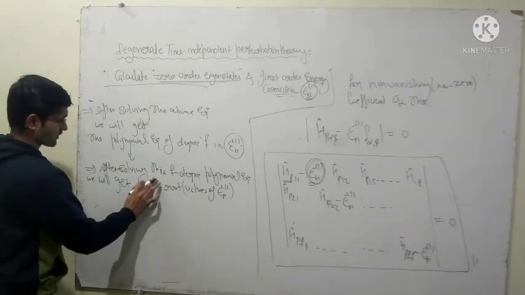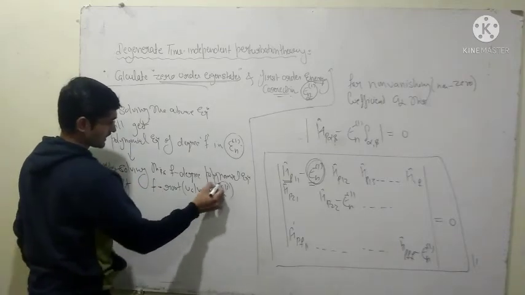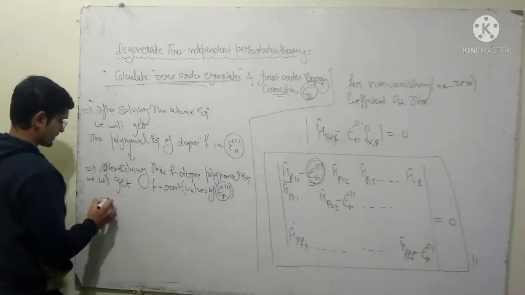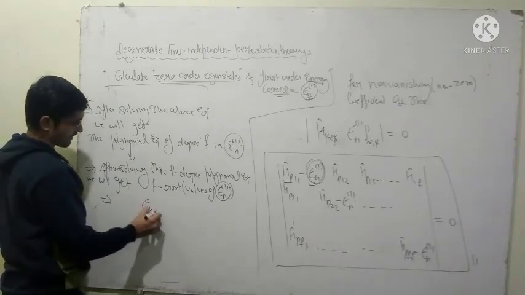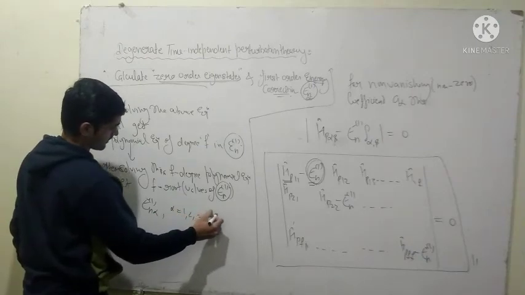These are the values we are looking for. So that means we will get En, let us suppose alpha 1, or alpha is equal to 1, 2, 3 and up to f.